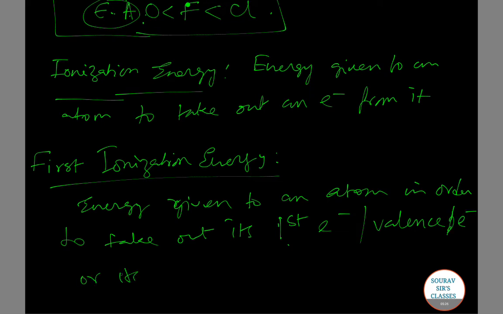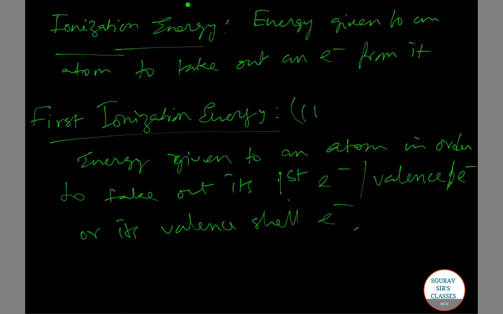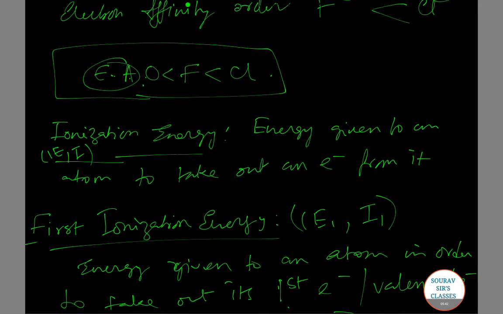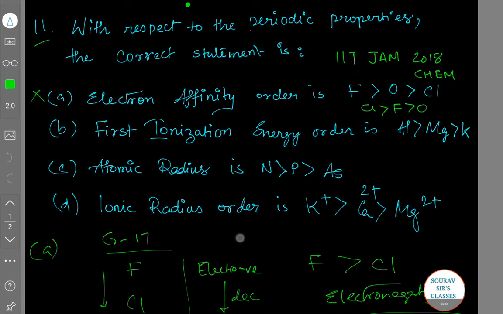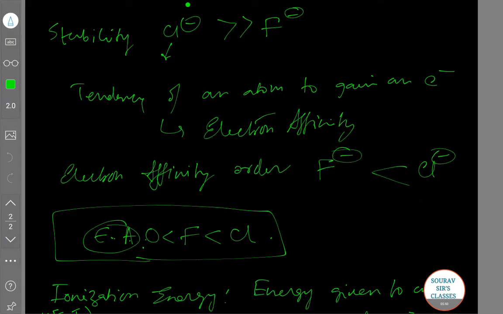This is represented as IE1 or I1, and this is represented as IE or simply I. So we have to find, as per option B, the first ionization energy order of aluminium, magnesium and potassium.